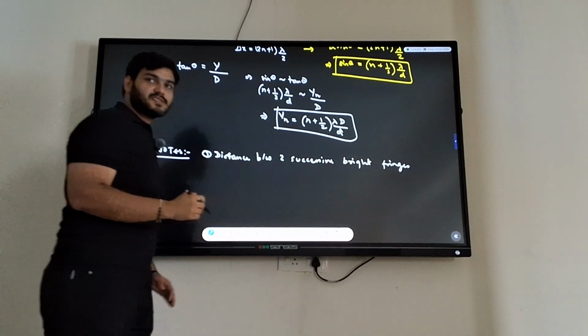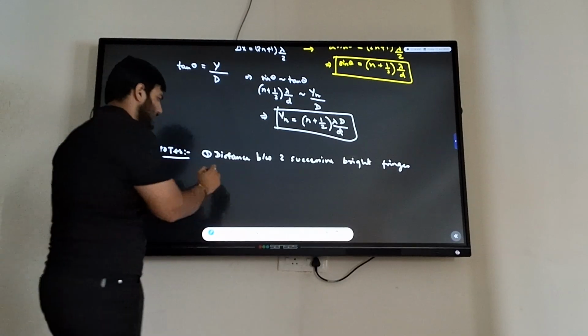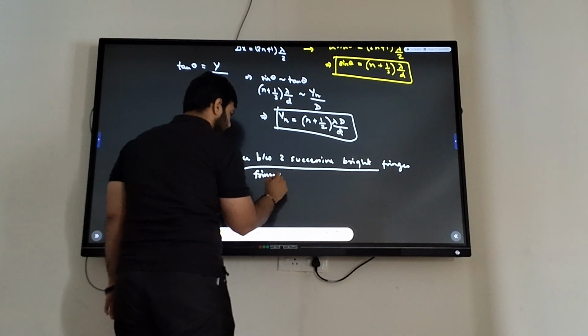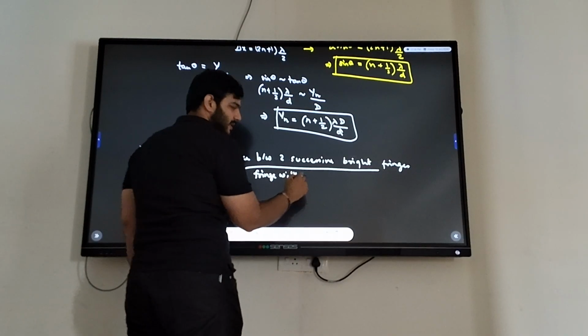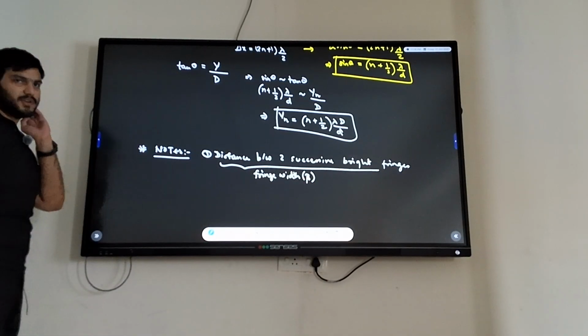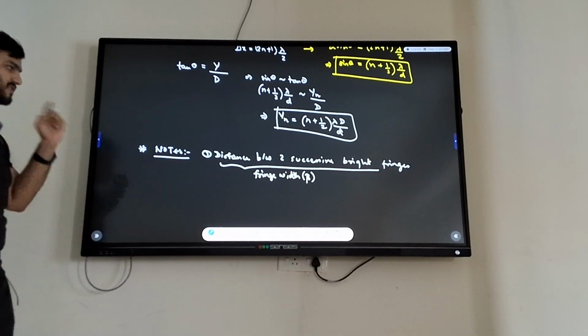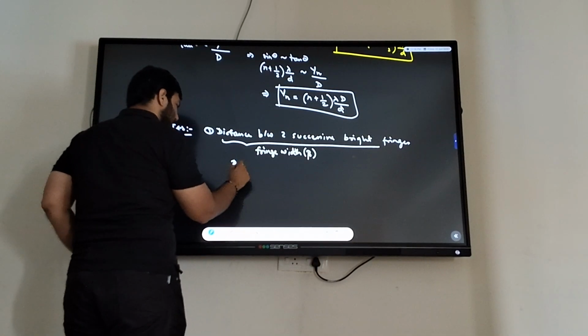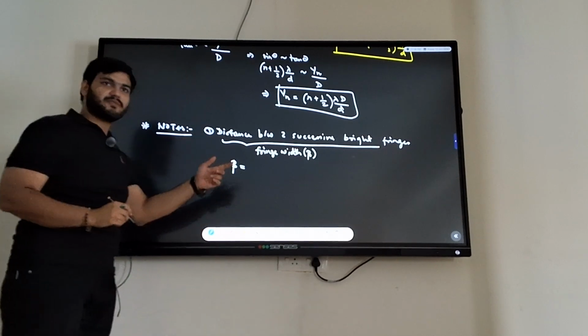Actually this distance is called fringe width. Fringe width, and I'm going to call it beta. In some books it's called omega, but I'm going to call it beta. So the fringe width is defined to be the distance between any two successive bright fringes.